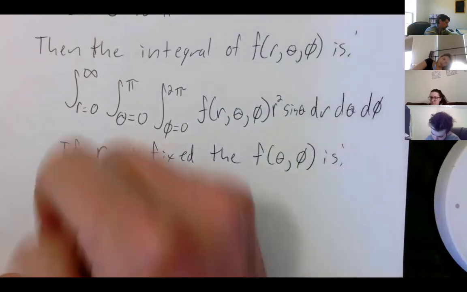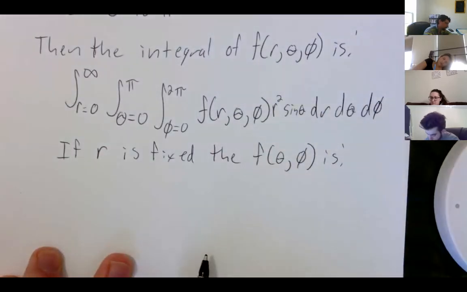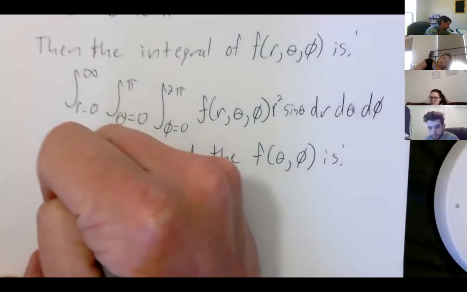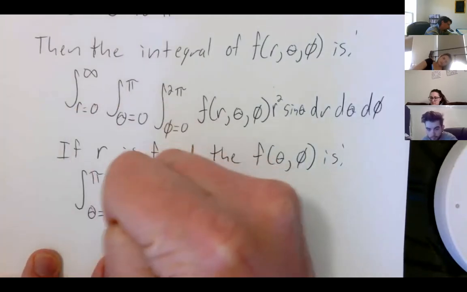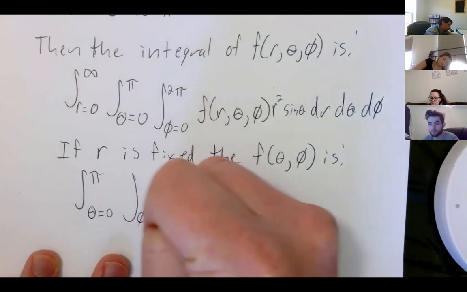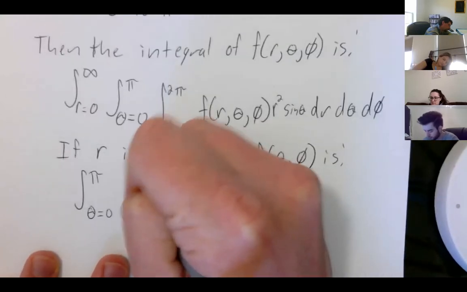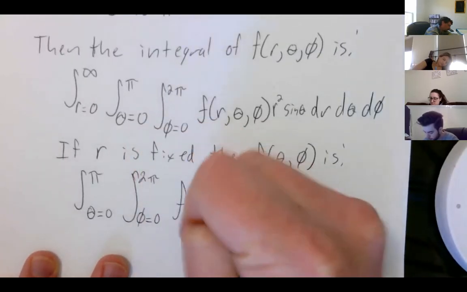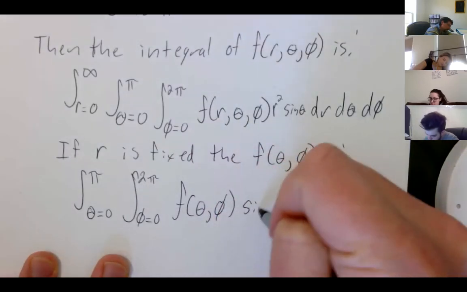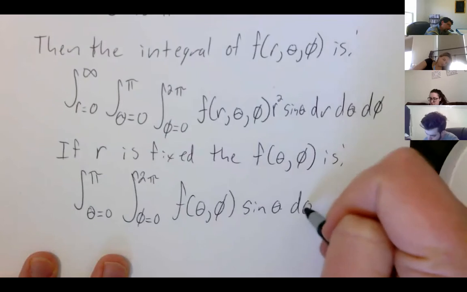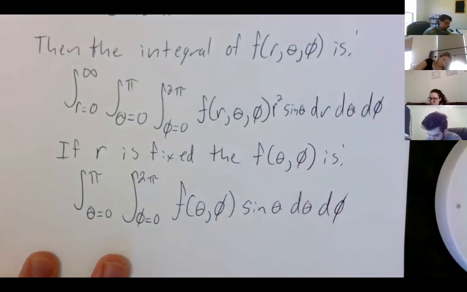You would get rid of the r squared and the r integral. So we're left with the integral over theta and phi of f of theta, phi, sine theta, d theta, d phi.